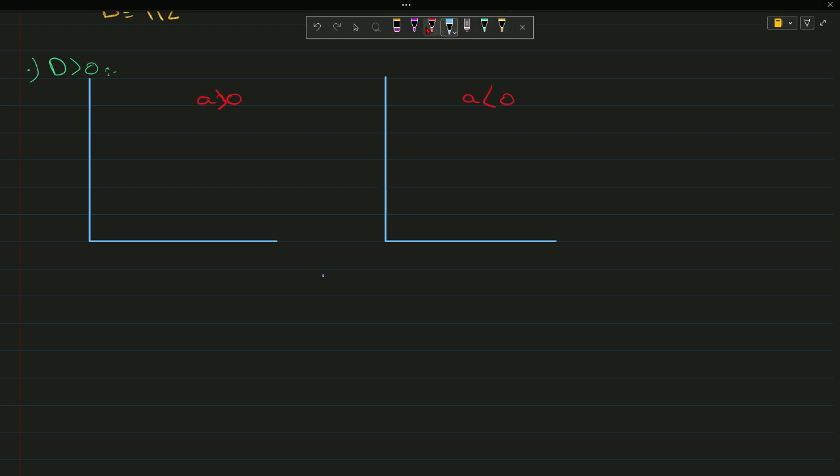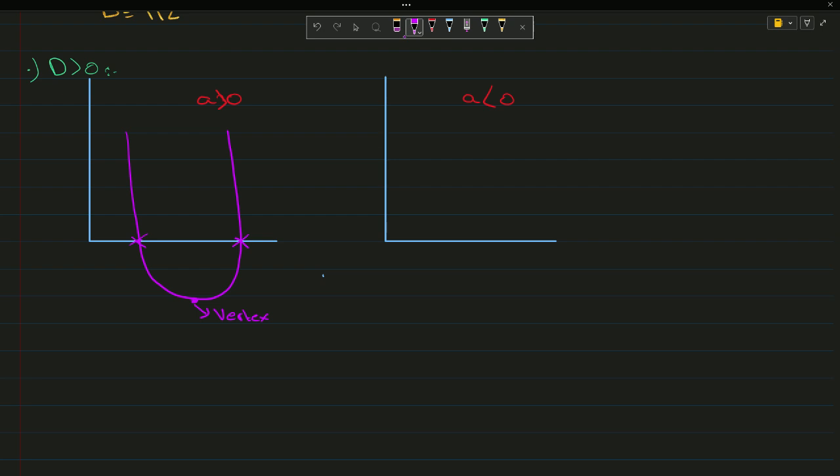Now let's draw a graph. The graph would actually look something like this. The peak point or the minimum point of a parabolic curve is known as its vertex, and like I showed you, it is intersecting at two distinct points.